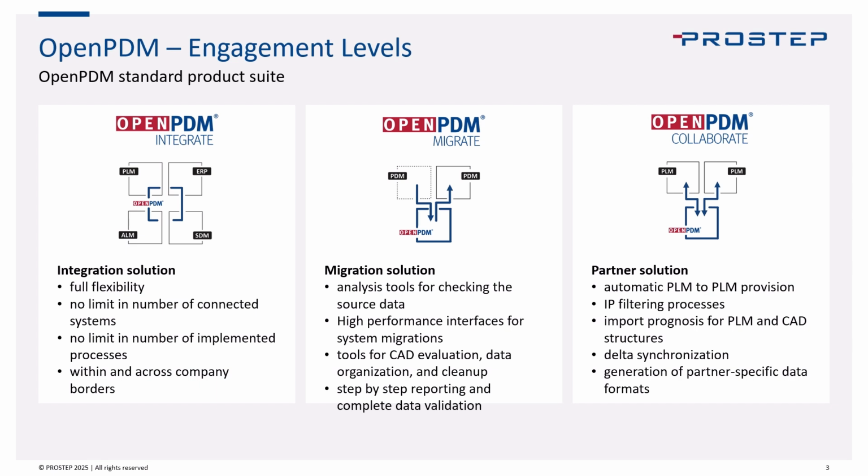And then OpenPDM Collaborate, and that's our solution for joint ventures or partner platforms where you can then filter for IP as well as do an import prognosis, understanding what needs to be exported and what needs to be imported. And then also transform data if necessary into a partner-specific format.